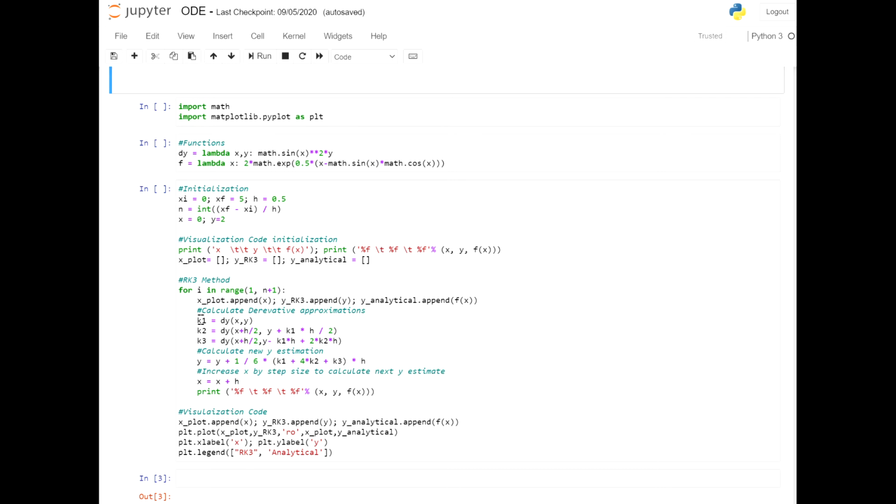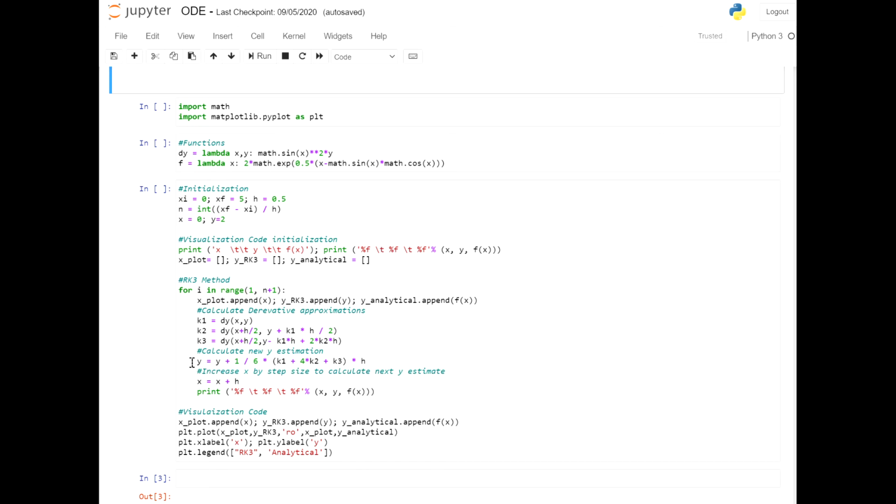So now that I have k1, k2, and k3, I can plug them into the main equation for the Runge Kutta third order. So y is equal to y plus 1/6 multiplied by k1 plus 4 multiplied by k2 plus k3, all multiplied by h. Now that I have the y, I get the corresponding x. So x is equal to x plus h.